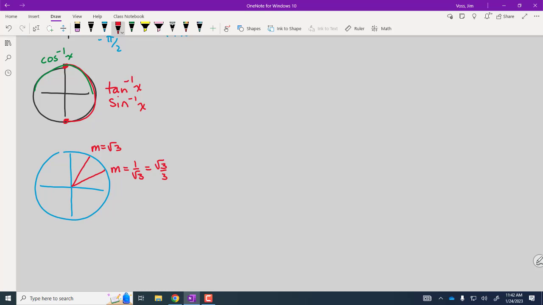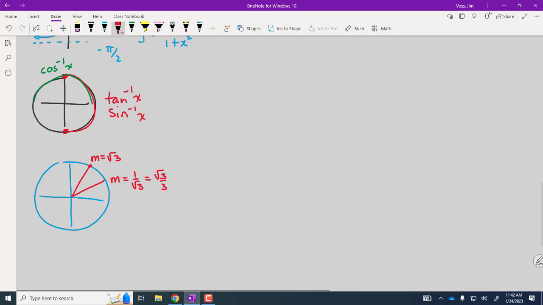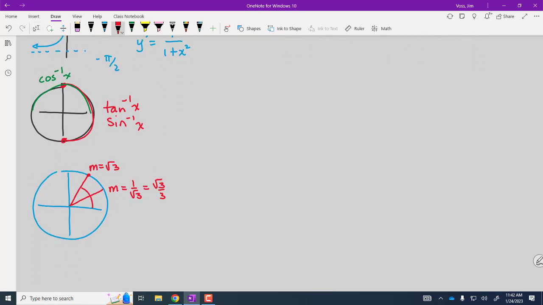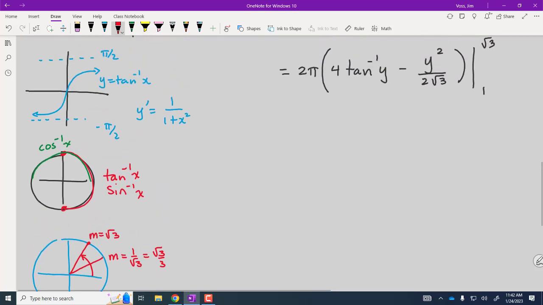Tangent is y over x. So the tangent value is the slope of the terminal ray. This point on the unit circle is 1/2 comma root 3 over 2, and y over x gives root 3. The steeper terminal ray has that slope; the less steep ray is 1/3 as steep. So inverse tangent of root 3, what angle is this? Pi over 3. So that'll be our angle.